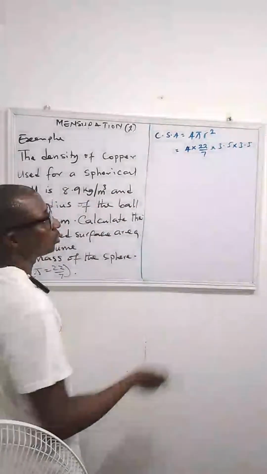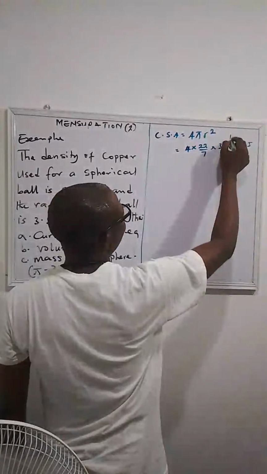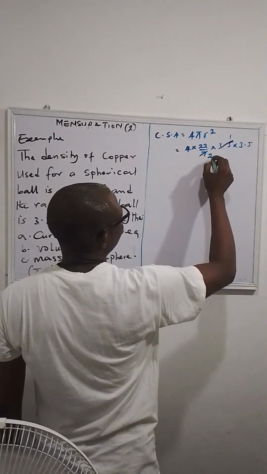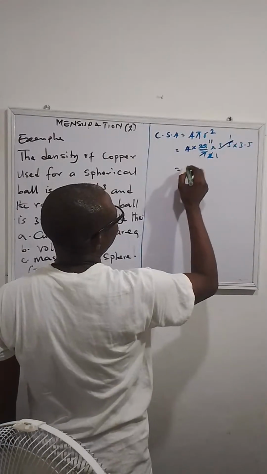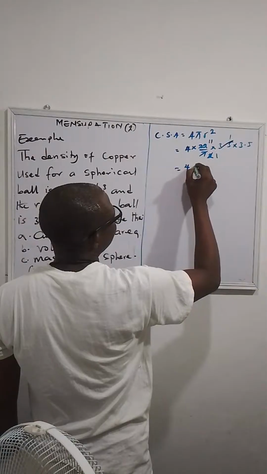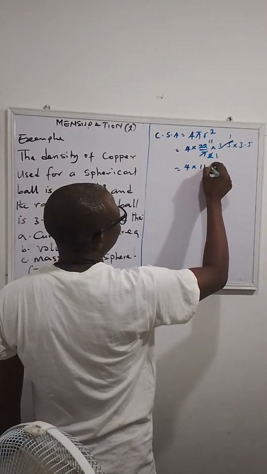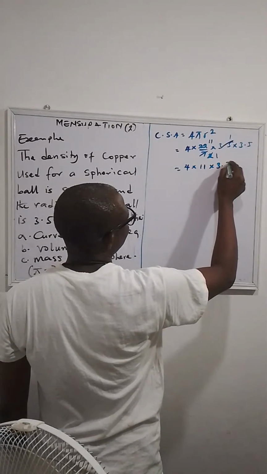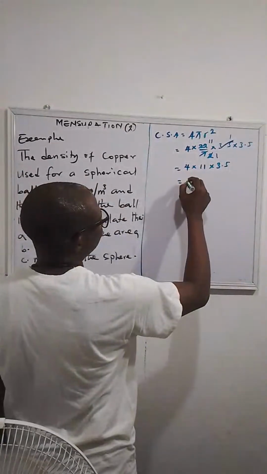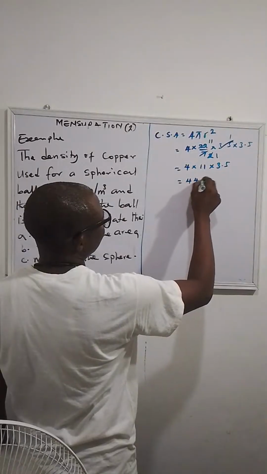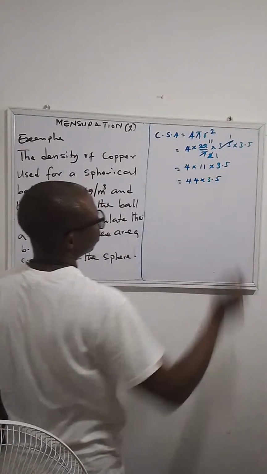You get that now? 3.5 goes here 1, 3.5 goes here is 2, 2 goes here 1, 2 goes here is 11. So we have 4 times 11 times 3.5, and that is the same thing as 44 times 3.5.